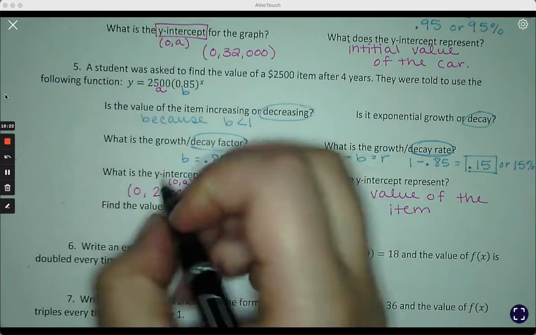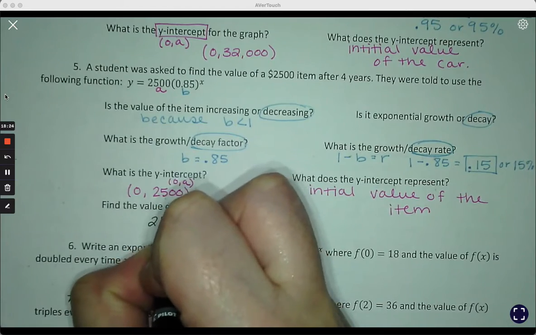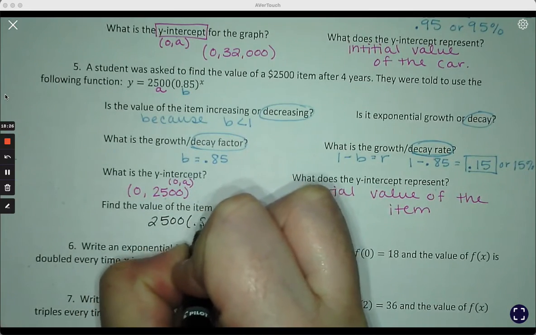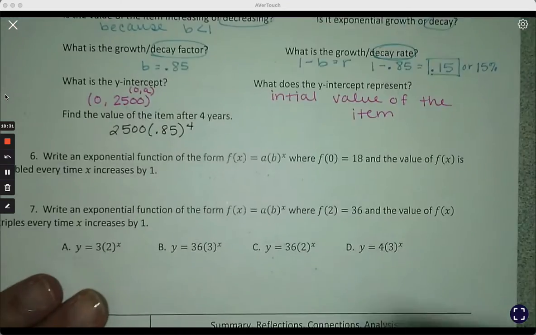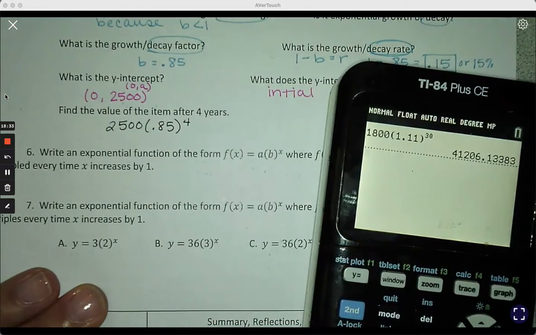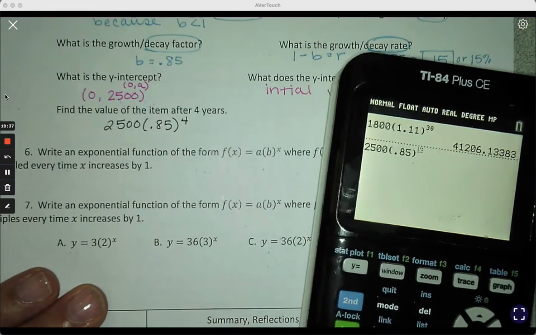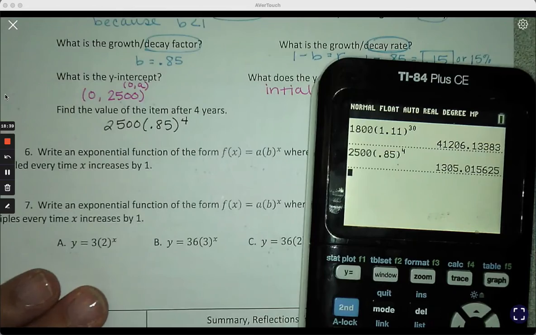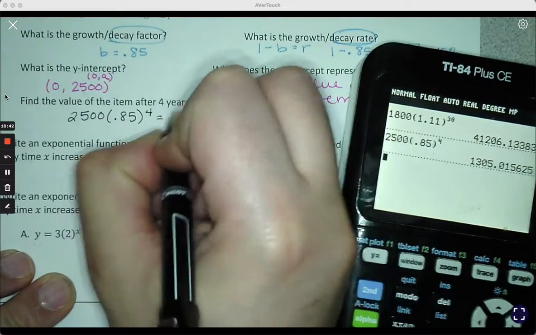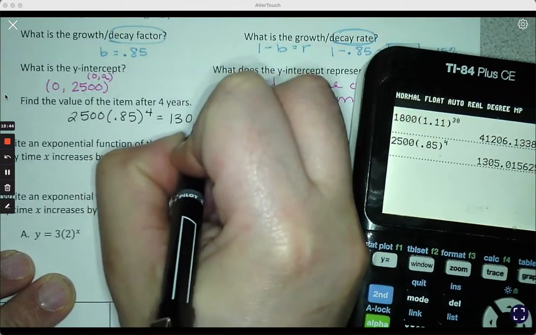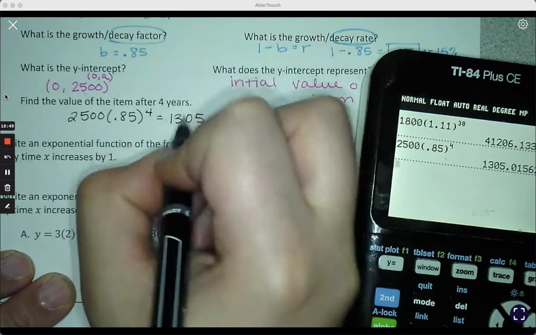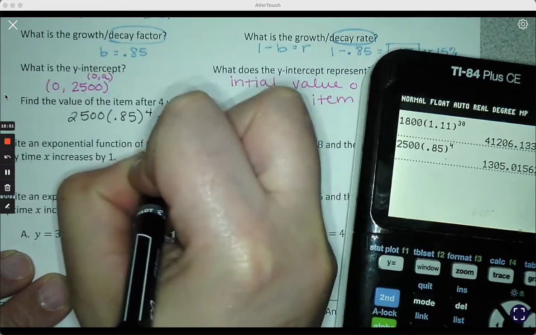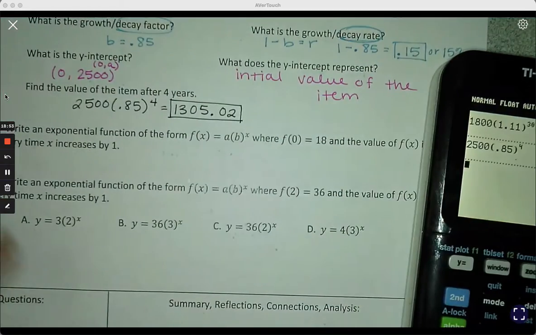So we're going to use the equation they gave us. And plug in the number 4. 2,500 times 0.85 to the 4th power equals 1,305.02. Okay.